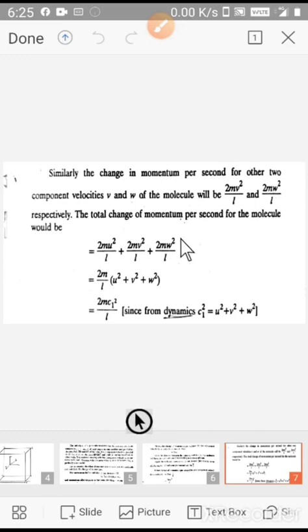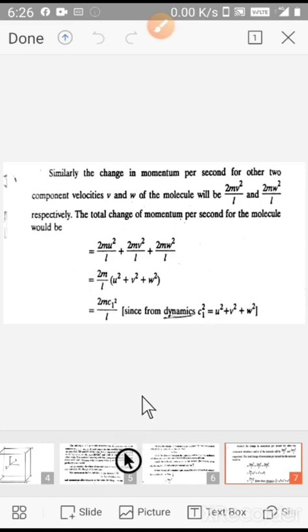The total change of momentum per second for the molecule, taking the sum of all these 3, becomes 2m upon L into the sum of the squares of the 3 velocity components. Now u square plus v square plus w square is equal to c square, from dynamics.